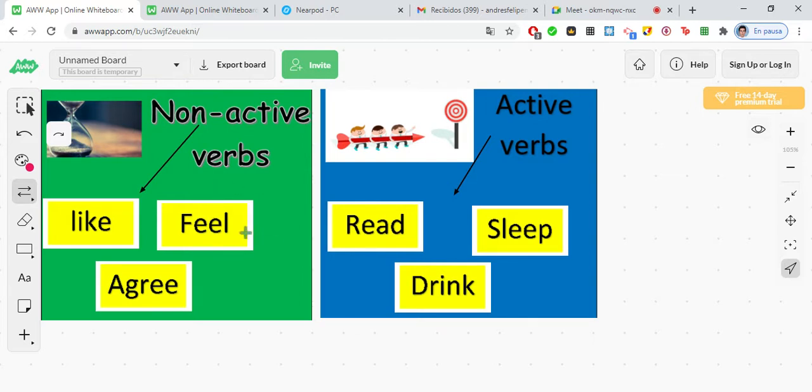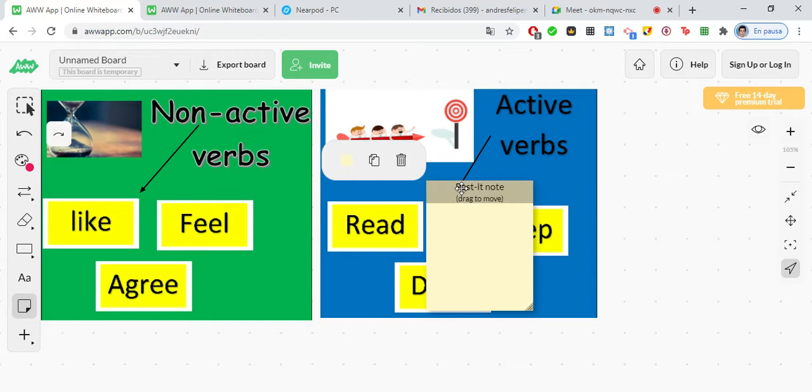The present continuous stays normal, but the active verbs, los verbos de acciones, read, sleep, drink, leer, beber, these verbs, I need to add the ing form, okay? I need to add to these verbs the ing form when I write a sentence.